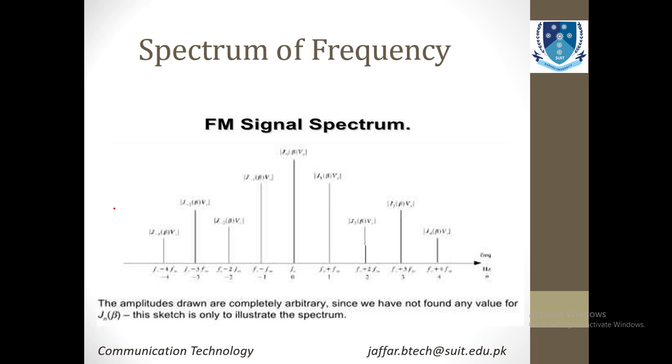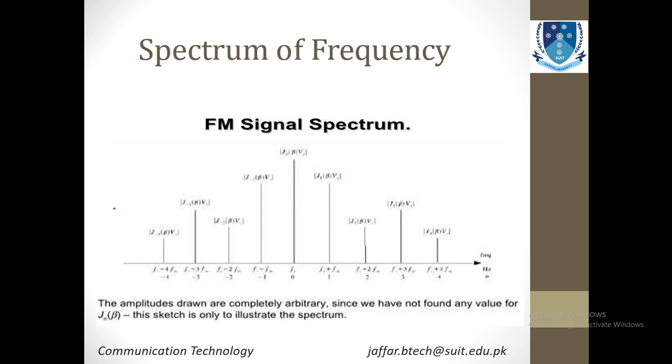Now let's talk about the spectrum of frequency modulation. When you modulate a signal with respect to frequency, if you recall the amplitude modulation, you were getting sidebands, two sidebands.